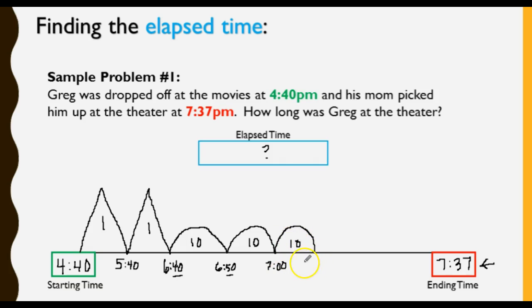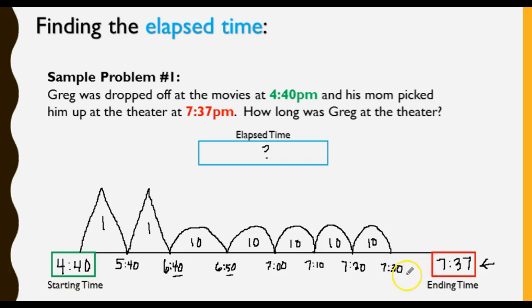It was 7 o'clock, now I'm going to make it 7:10. Add 10 more minutes. It was 7:10, now it's going to be 7:20. 10 more minutes would be 7:30.